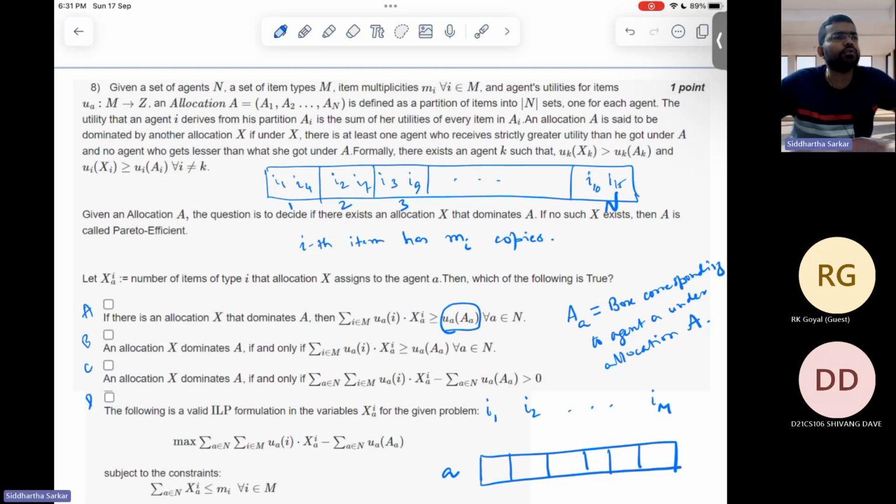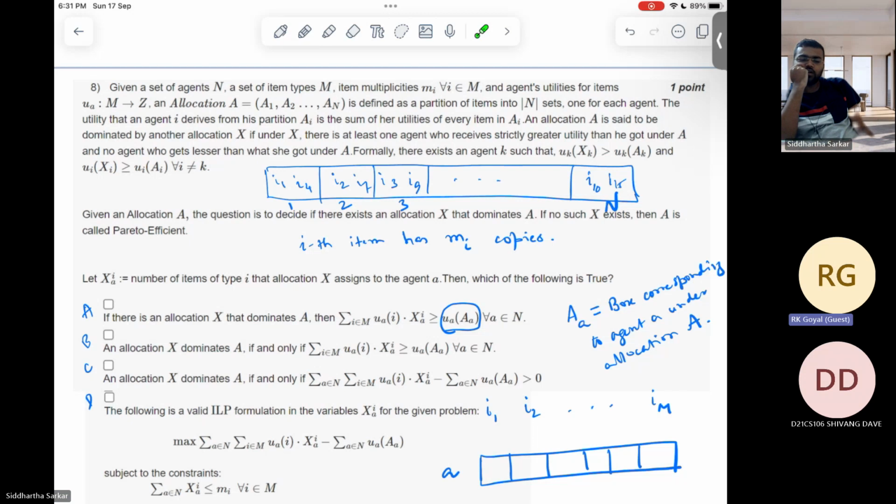So what if the derived utility under X is equal to the utility of the partition A? Since equality is a part of the question, you are saying that because there is an equality, this is not true.